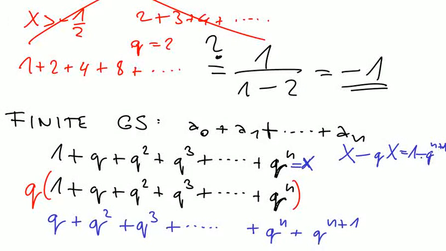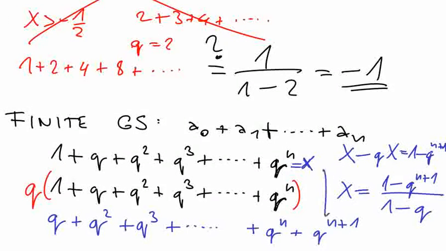So we have just this, meaning that x is nothing else than 1 minus q to n plus 1 over 1 minus q. Okay, so this is the formula we want.